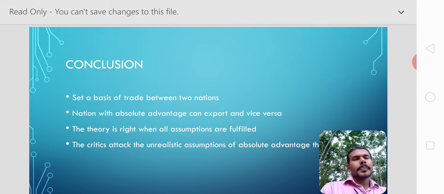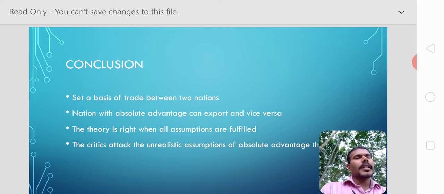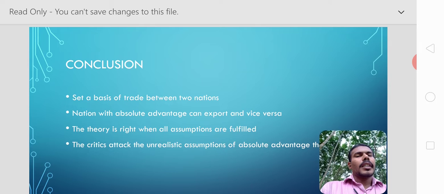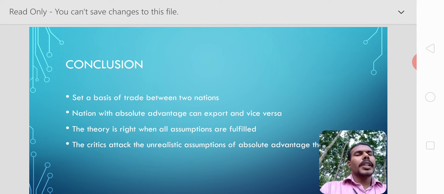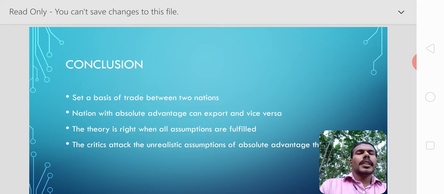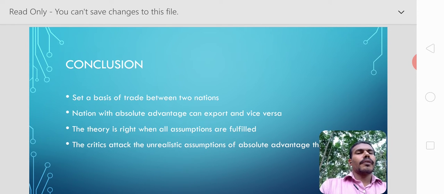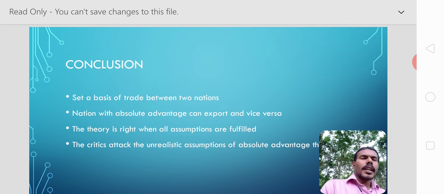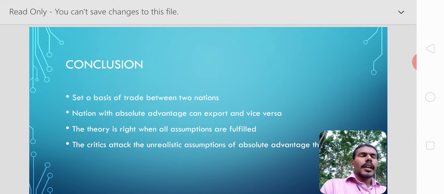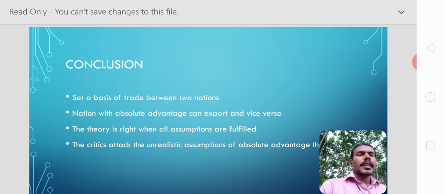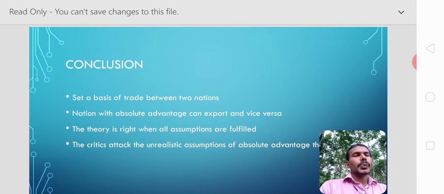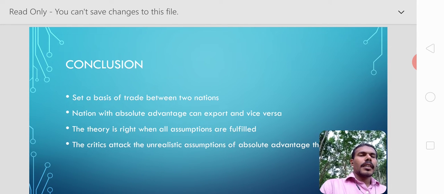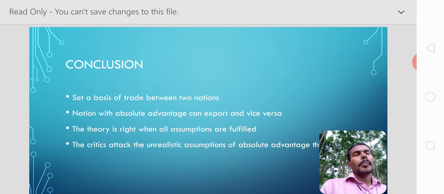So the critics attack the unrealistic assumptions of the absolute advantage theory, and even though there are so many criticisms raised against the theory, it cannot be said to be invalid, as the classical theory put forward by Adam Smith has systematically set a basis of gainful trade between two nations, and this is the base on which another important theory was set up, that is comparative advantage theory.